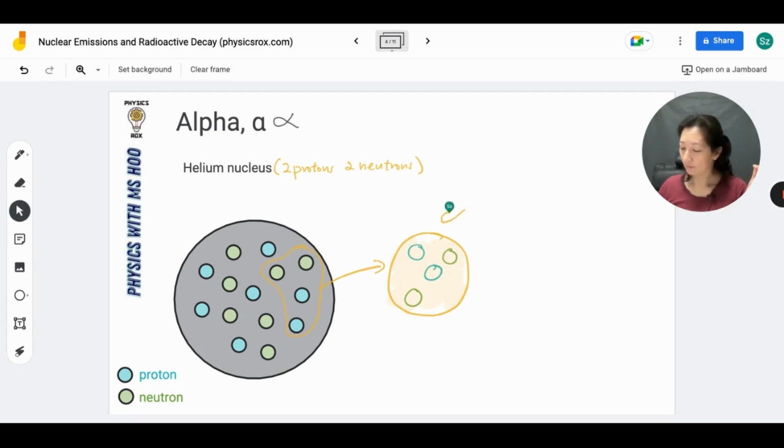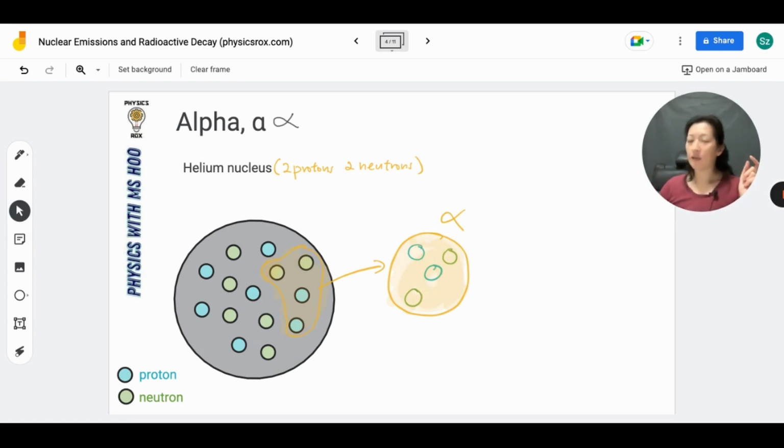So what happened here is this unstable nucleus has thrown out 2 protons and 2 neutrons out and away, and this thing here that has been thrown out, that's the alpha particle.